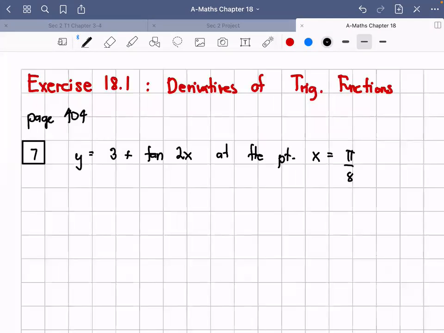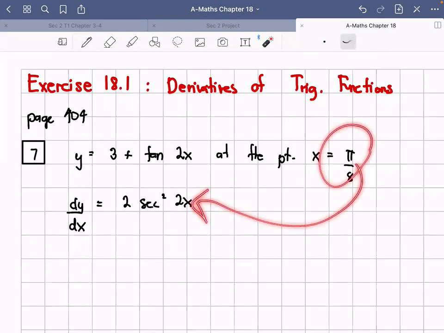So again, to get the gradient here, basically we just need to get the first derivative, which is 2 secant squared of 2x, right? And then how do we get the gradient? To get the gradient, we just plug in the x value.